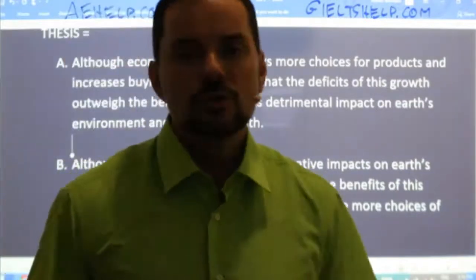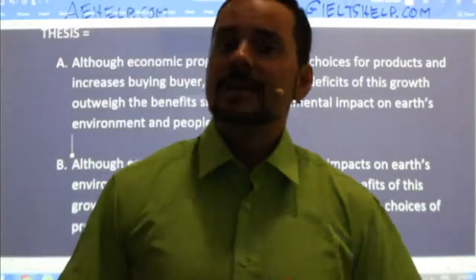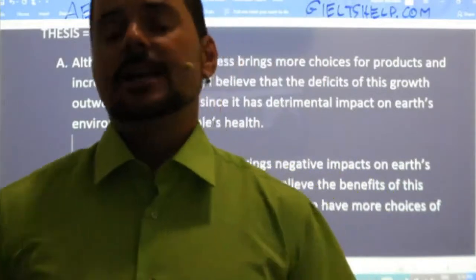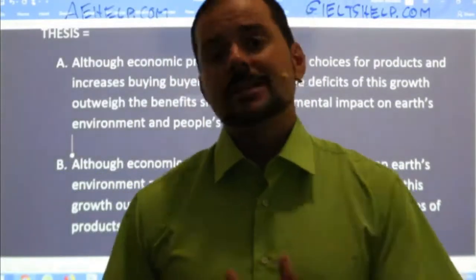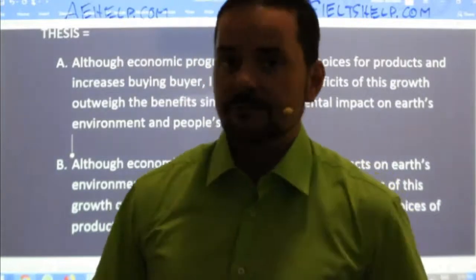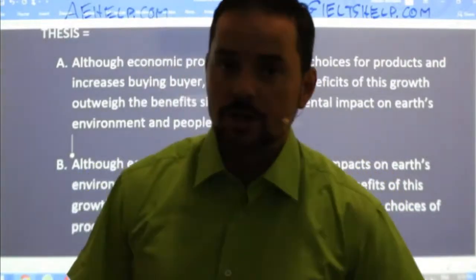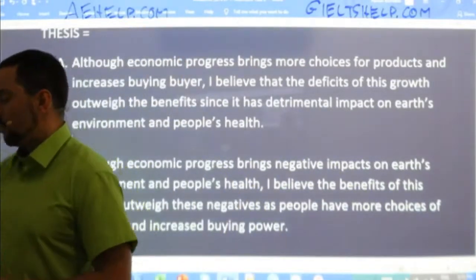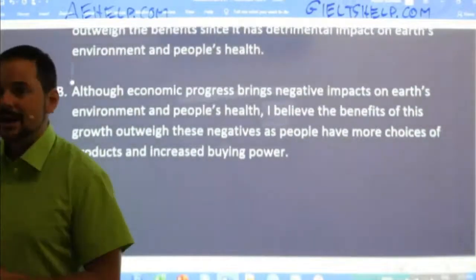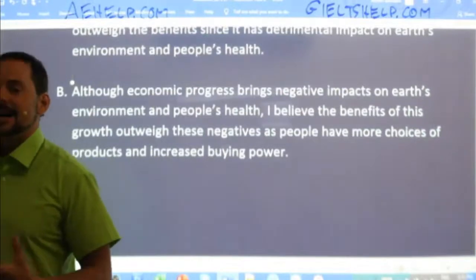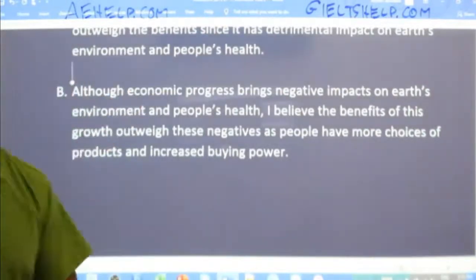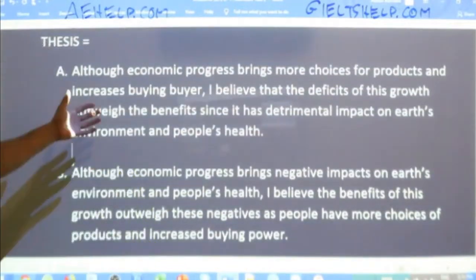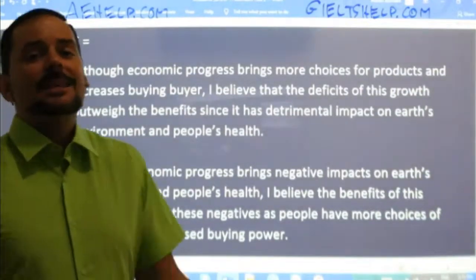However, I would not choose that for the IELTS exam because that is not a 250-word essay or 300-word essay argument. It's a 2,000-word essay argument best left for a university philosophy or psychology or sociology or economics, human geography class, okay? It's not for the IELTS Task 2 to get a Band 9. Does that make sense? So if I sat the exam tomorrow and I got this question, after planning and thinking about it, I would definitely go with option A, just because it's easier to write about.